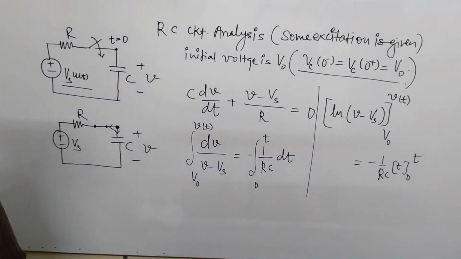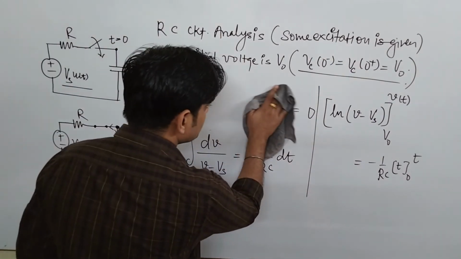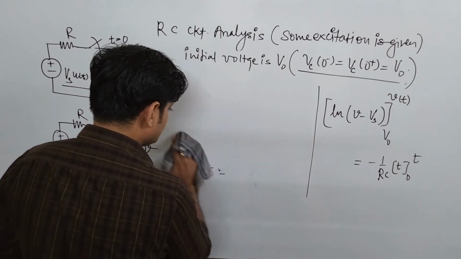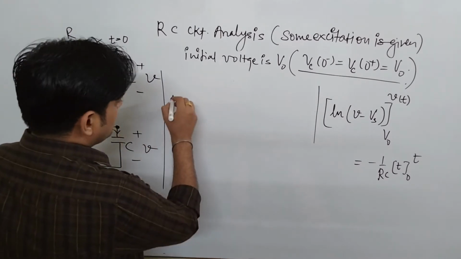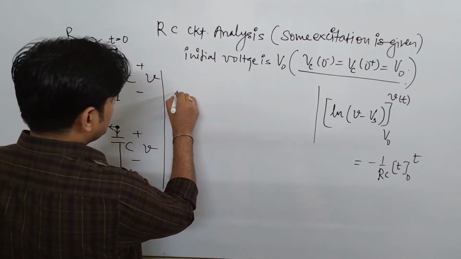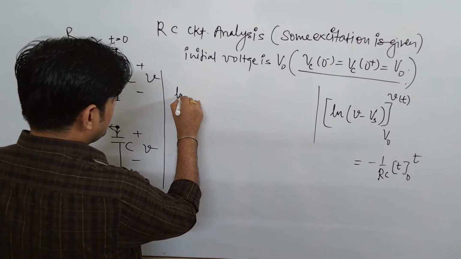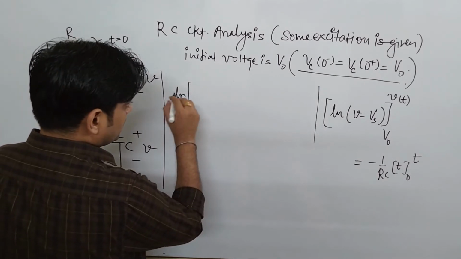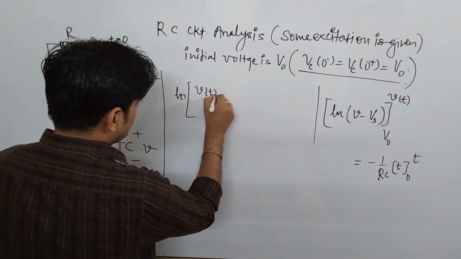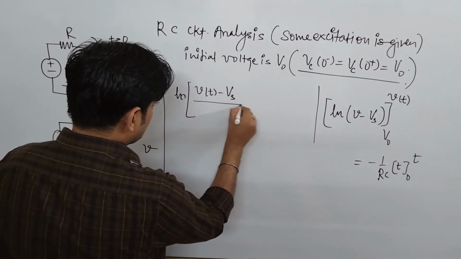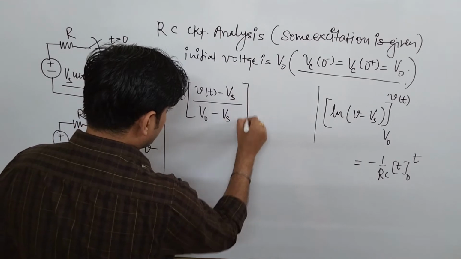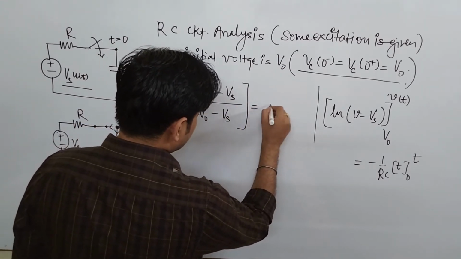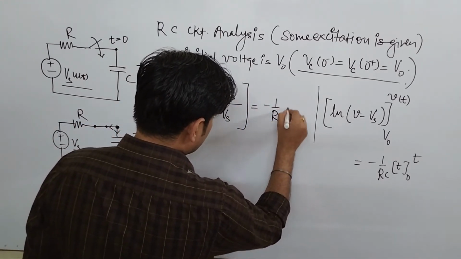Now once we solve it, I am writing directly ln of (Vt minus Vs) upon (V naught minus Vs), and that comes to be minus 1 upon Rc times t.